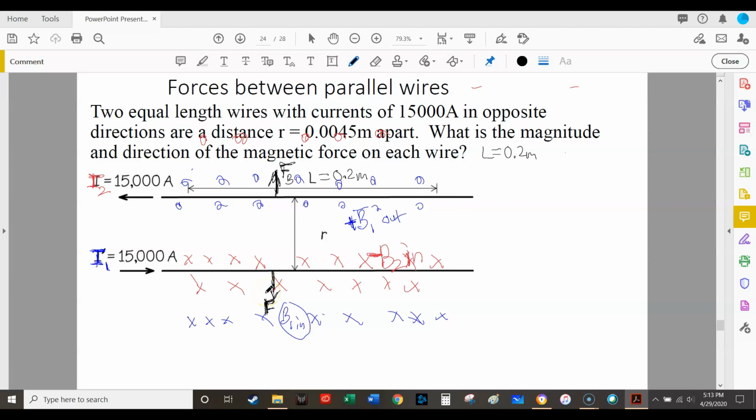If we do the right-hand rule for this wire here, you're going to point your thumb to the right, and point your index fingers into the page.